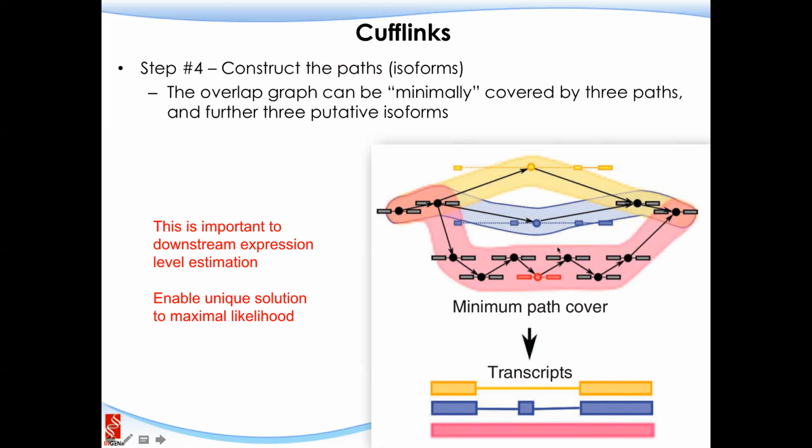So the importance of this assumption of getting the minimal path over the graph is for the downstream expression level estimation and to enable a unique solution to the maximum likelihood.